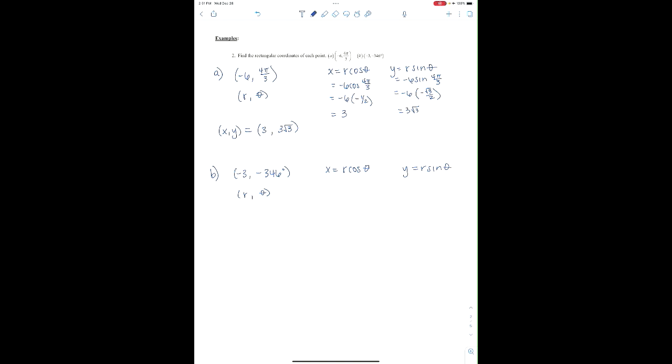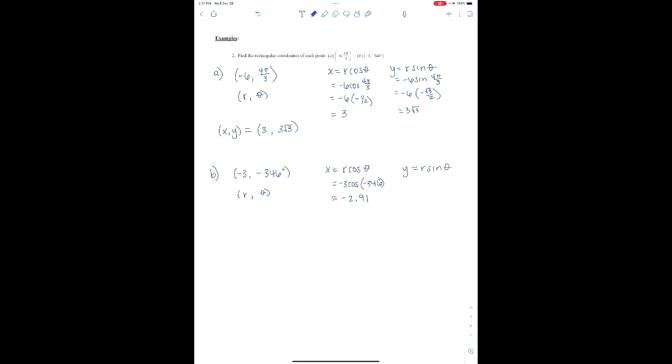But this time we need to make sure that if we're doing it in a calculator that we're working in degree mode. So go ahead and change to degree mode before you begin typing these things into your calculator. R is -3, theta is -346 degrees. Cosine at -346 degrees multiplied by -3 will give us about -2.91.